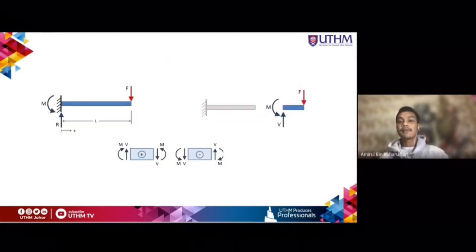So basically, this is the diagram for a cantilever beam. You can see the arrow for the moment, bending moment, and the force.